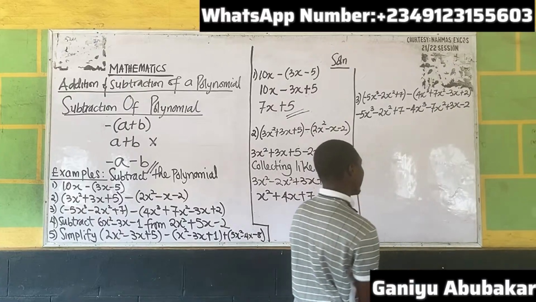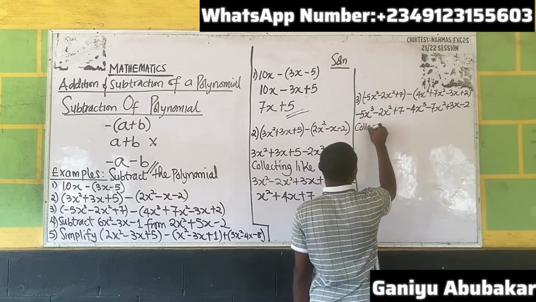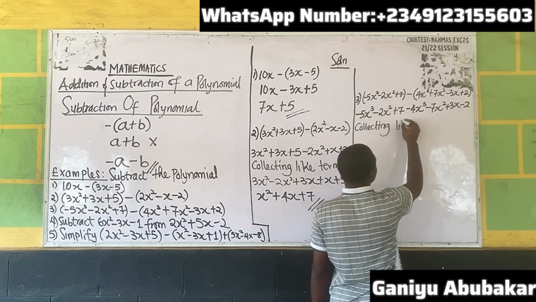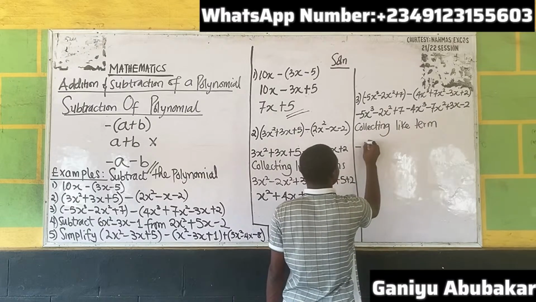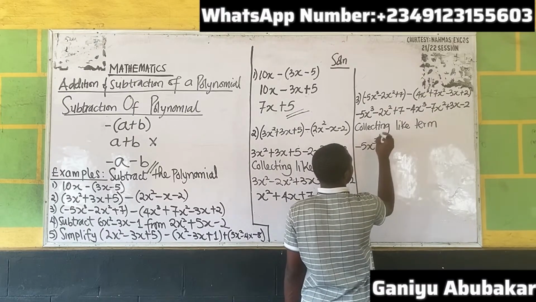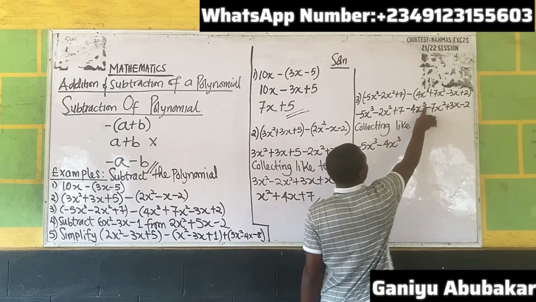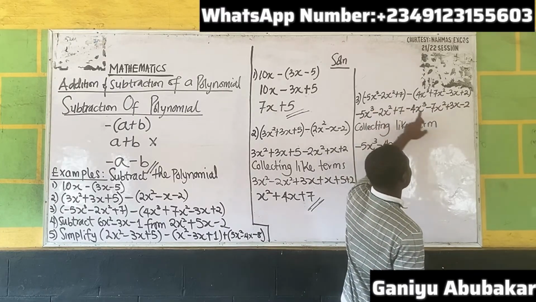Alright. My next task here, obviously, is collecting like terms. That gives you negative 5x cubed, then minus 4x cubed. Cube and cube is done. Move to square. Minus 2x squared and minus 7x squared.